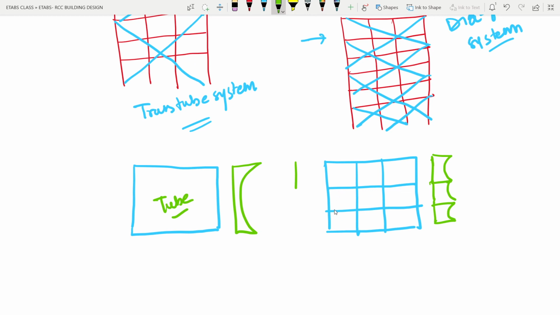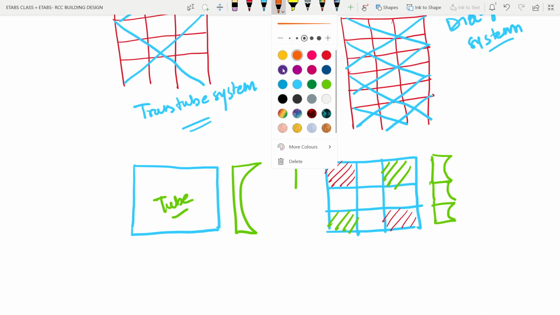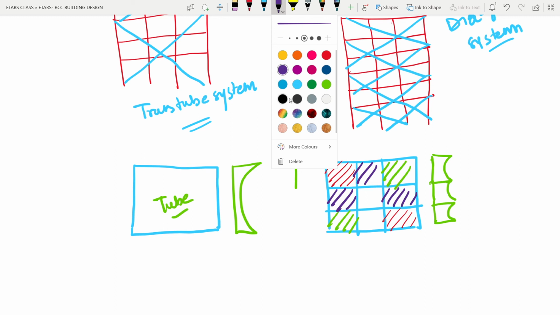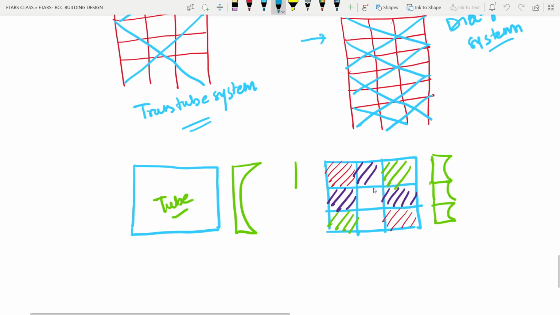Suppose up to a certain height we go with these two boxes, then up to another certain height we go with these two boxes, and for another height we go with these three boxes, and for the rest of the height of the building we go with these two boxes.